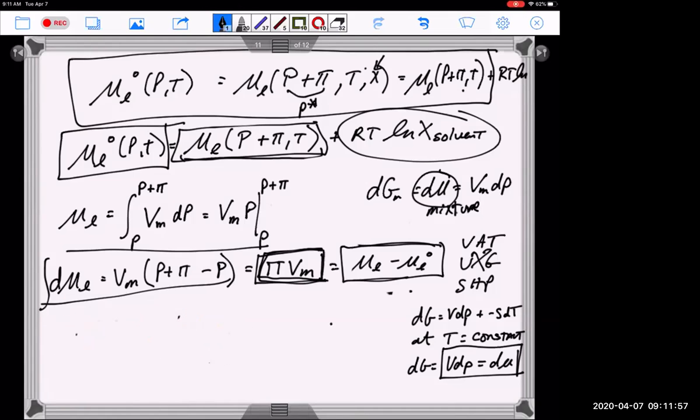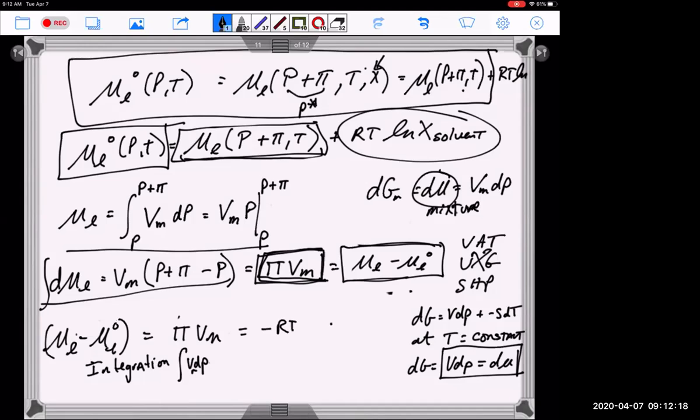So what we have is mu liquid minus mu liquid naught, and this equals pi Vm. This is from the integration of V dP. And this is also going to equal minus RT ln of X solvent. And this is from the top equation. So I lost my minus sign here, so that's why it looked like that substitution was wrong.